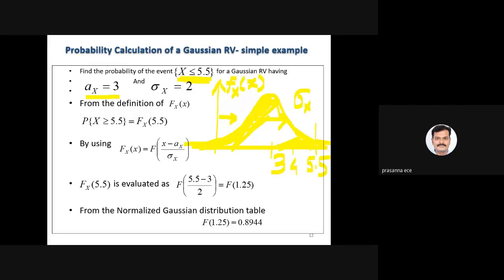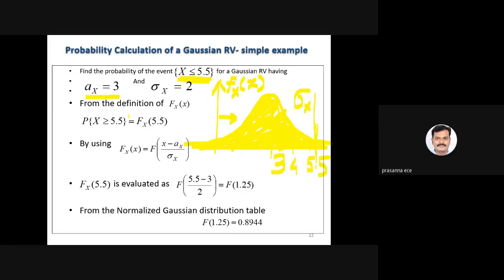So this entire area is what we want. By P(X less than 5.5), we mean the value of this entire area until this line x equal to 5.5.